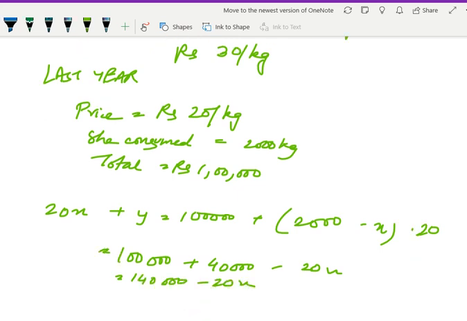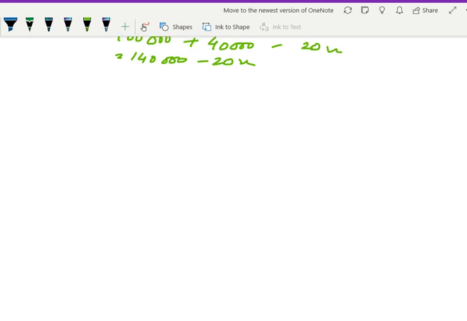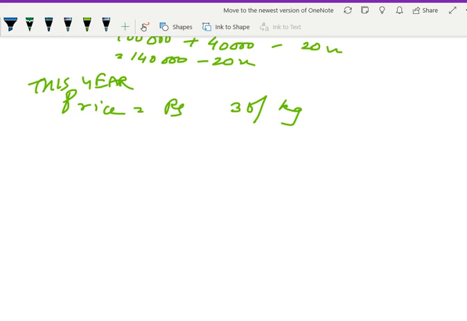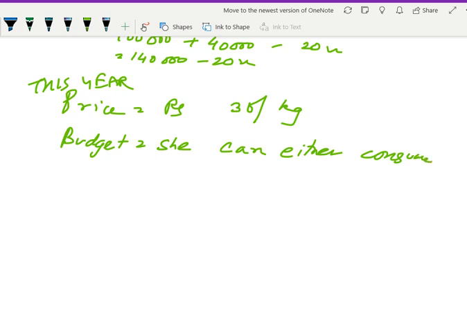Now this year, what happens? Similarly, the price is 30 per kg. Either she can consume rice, or sell it for rupees 30 per kg.